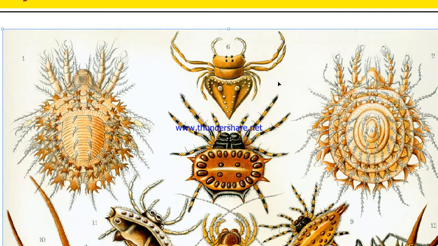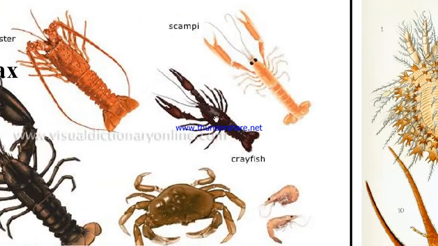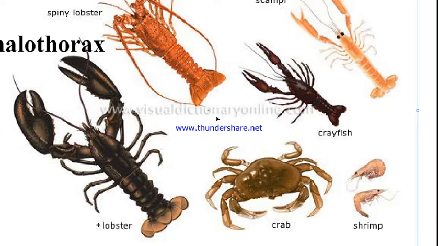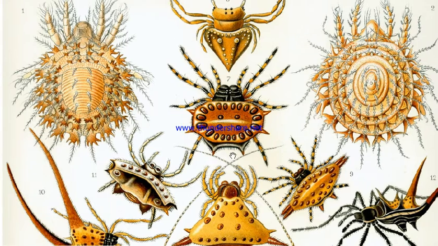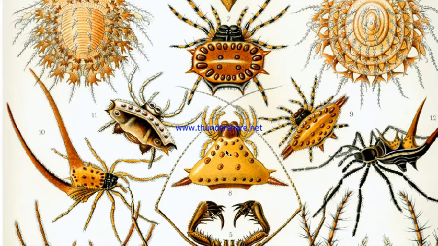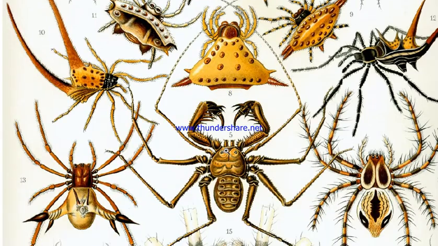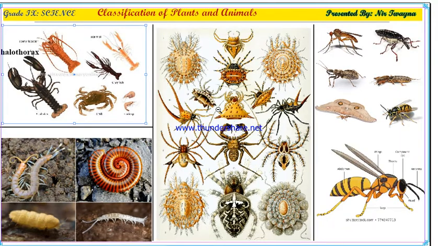It is very soft, but the body of Crustacea is hard. They have a hard covering made up of chitin, but spiders lack hard covering and chitin. These are some of the differences between Arachnida and Crustacea. Otherwise, their features match each other.